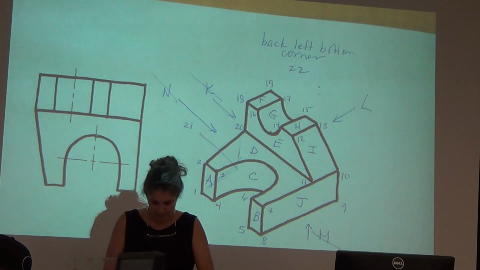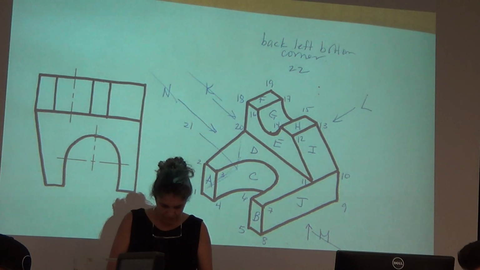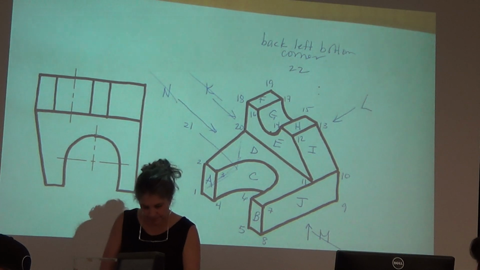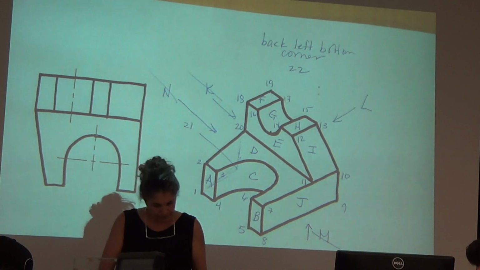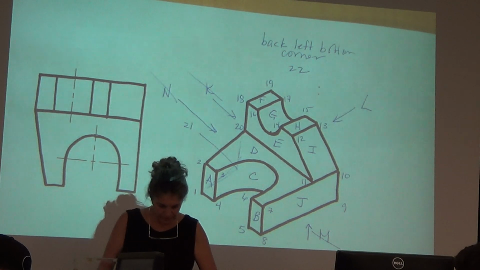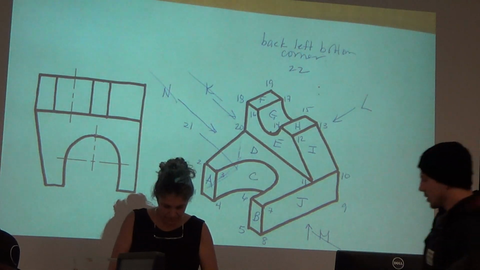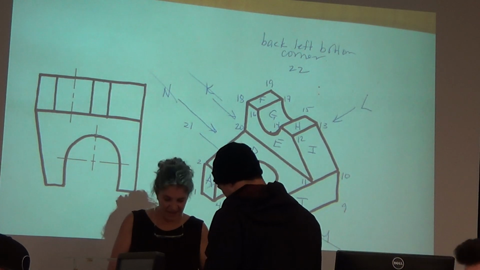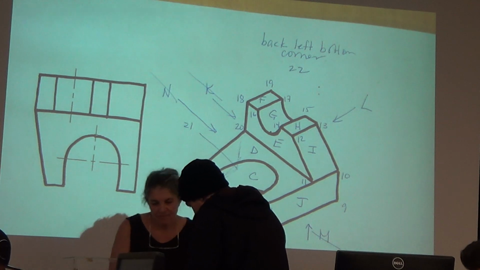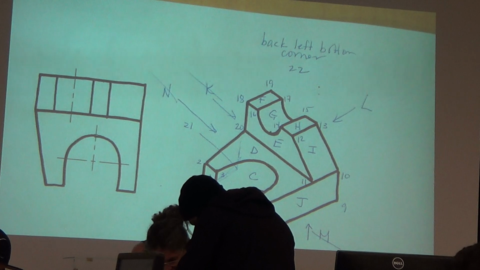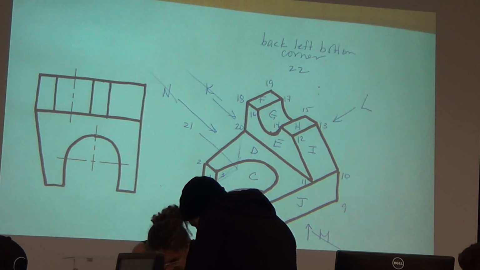There's another corner. And the last one you just see J and I, right? And the last one, would you like to label this corner right here? We'll call that 13, 17, and 19. Yes. 13, 15, 17.